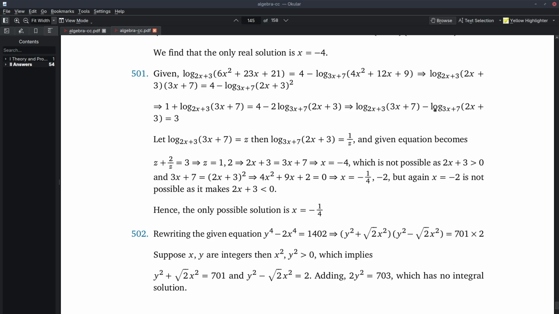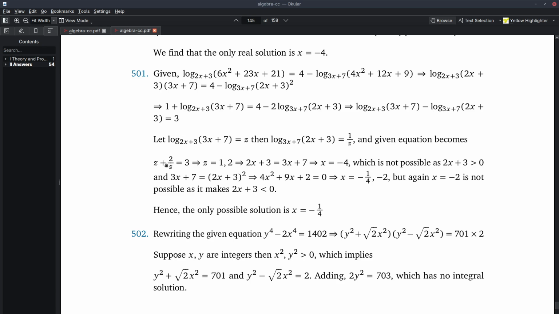There should be a 2 here, 2 is missing, 2 should be multiplied. Now we let log of 3x plus 7 with base 2x plus 3 is equal to z. Then we exchange the base and number, and we have log of 2x plus 3 with base 3x plus 7 is equal to 1 by z. You see 2 here, this 2 was there. And this minus should become plus here. So there are two typing mistakes.